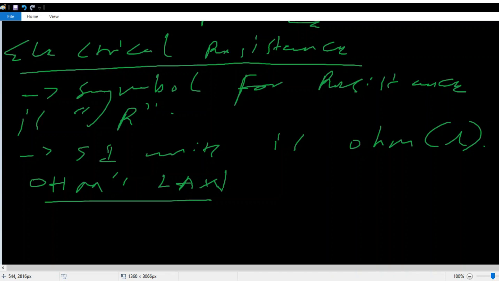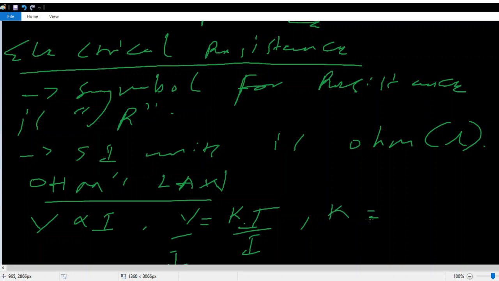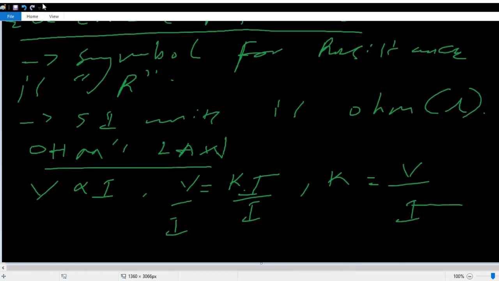If we write that as an expression, voltage is directly proportional to current, so voltage is equal to our constant K multiplied by current. To find K, we divide by current, so K is equal to voltage divided by current, and that K is what we call resistance.